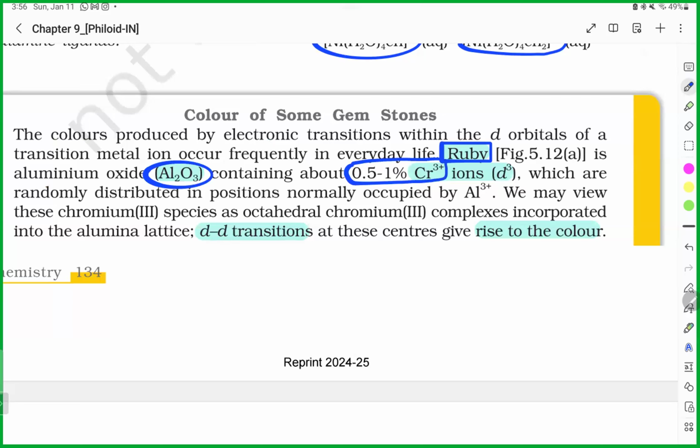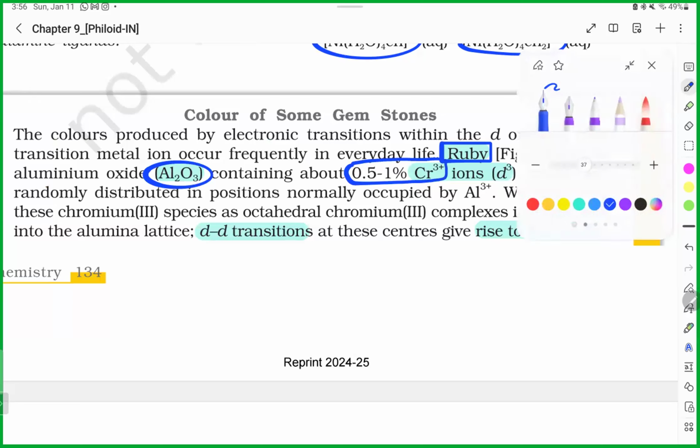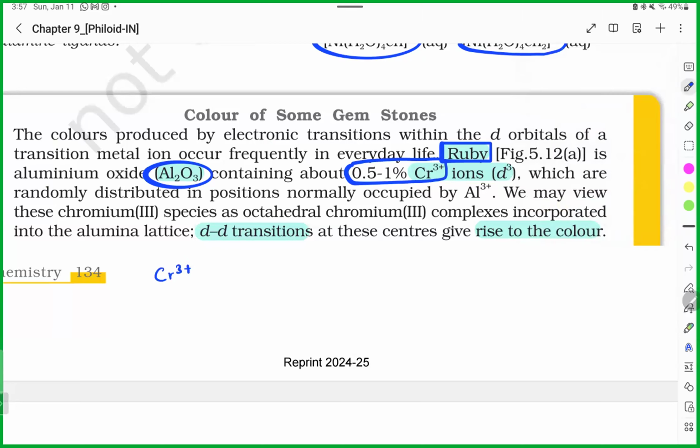But because you know that chromium 3 positive is d3, you have unpaired electrons. These unpaired electrons will undergo d-d transition. And if there is a d-d transition, what will happen? Color. Makes sense, guys? It means d-d transition in crystal field theory is responsible for the color.